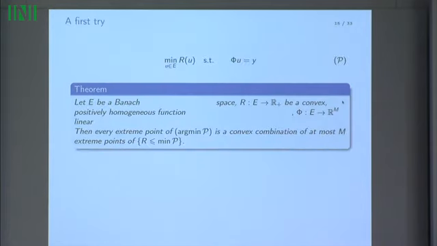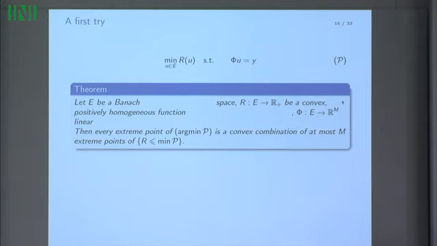Okay, so let's try to write a theorem like we asked Santa Claus. We want to minimize a generalized regularizer, a function R, in u. We want u to live in a Banach space, to be very general, and we have of course equality constraints to some linear measurements.